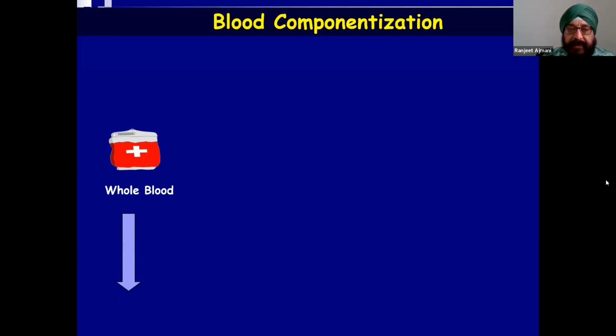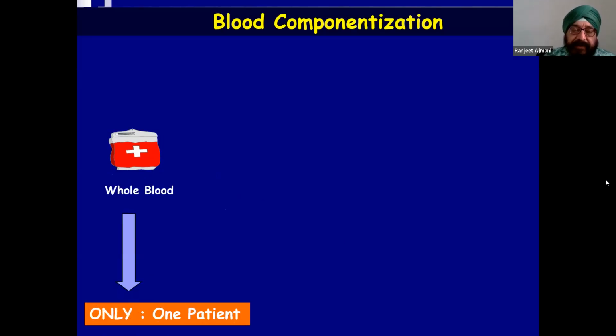So if you see, earlier convention was that you take 1 unit of blood, you go for the Rh group, you go for viral testing procedures, and you can give it to the patient.